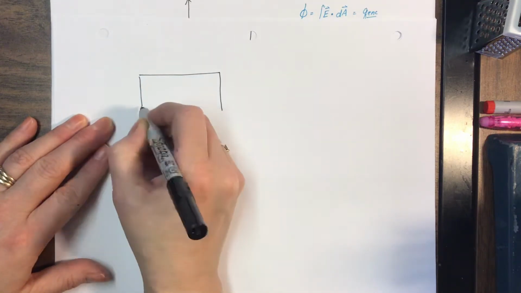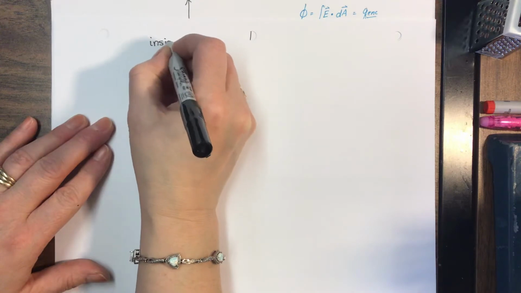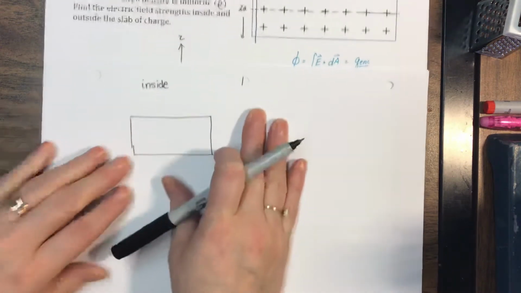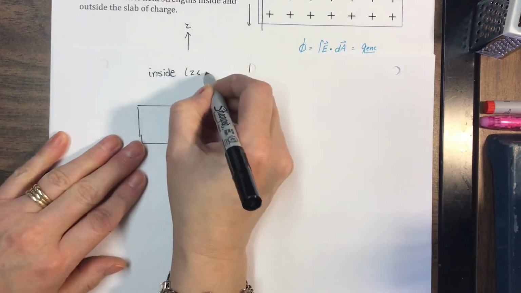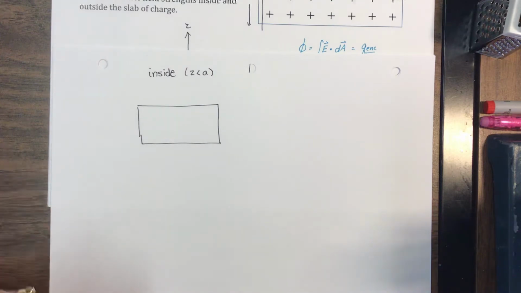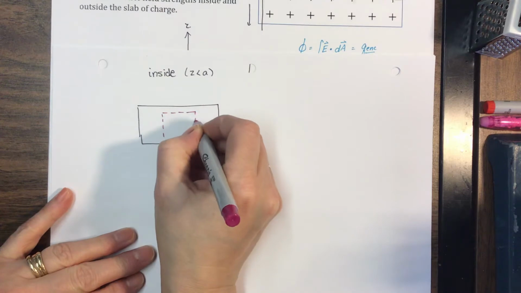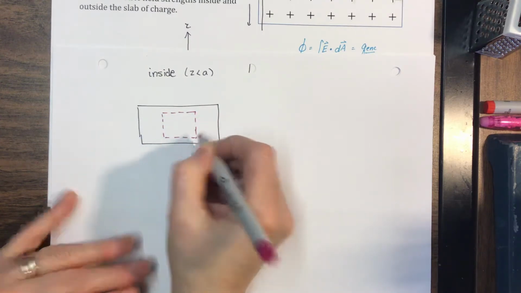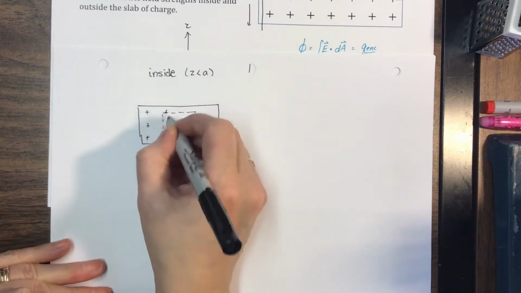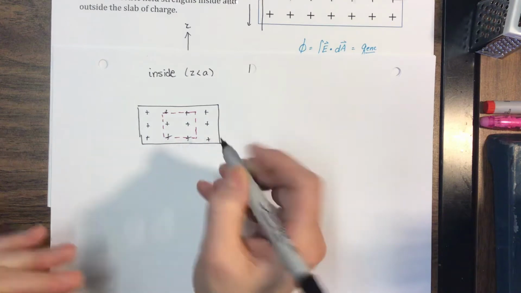So if I want to find the electric field inside, and that would be where z is less than a, then the Gaussian surface I would draw would be a box that's entirely within my surface. And in this case, this box encloses part of the charge within the surface. So I know that my Q enclosed will be less than my total amount of charge.